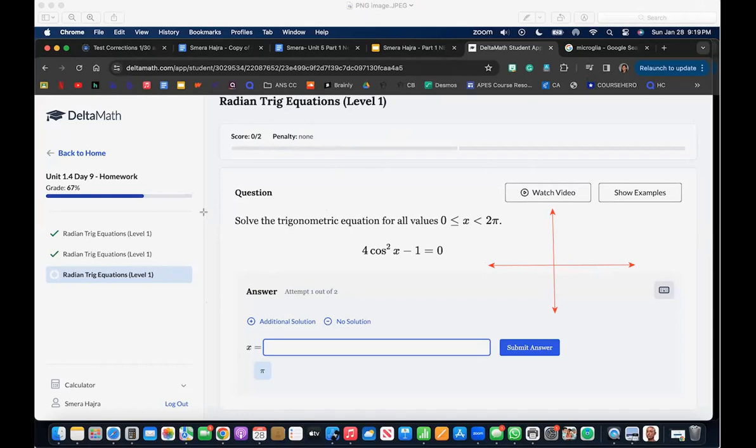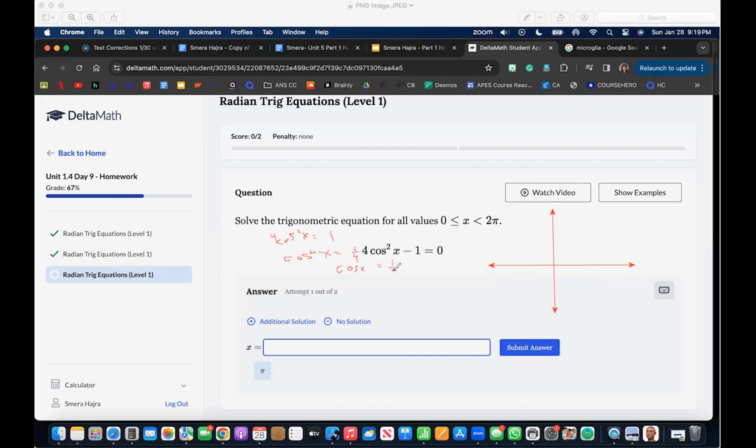So we've got this guy: cosine squared x equals 1, and now I'm going to divide by 4 and take the square root. So I'm looking for the cosine of x equals 1/2.